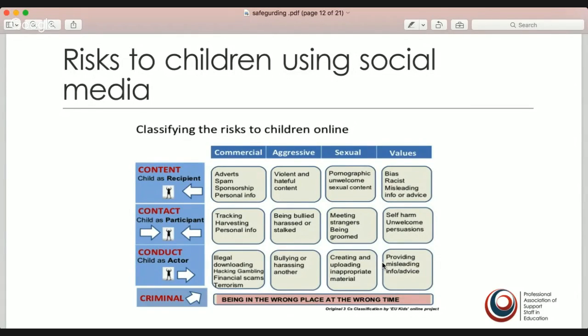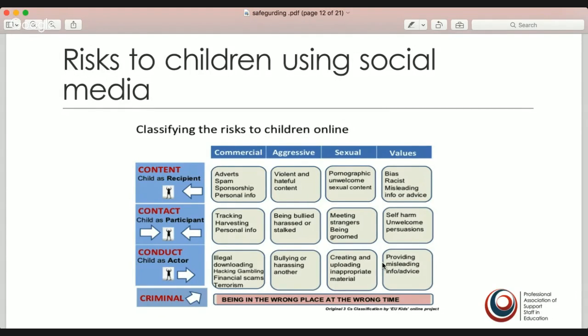I've got quite a few slides here from the same source, the EU Kids Online project that was done, looking at the problem of online activity and the risks for young children and young people. So if you look at the left-hand side and then look across the top, you see the various different risks that, and we know all these, but it's interesting just to have a read of them.